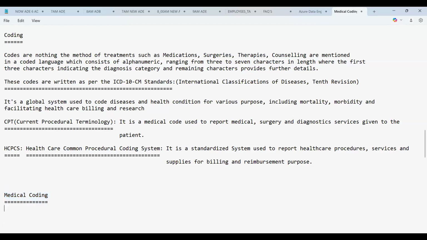So mostly this medical coding is used in the healthcare industry, and it is mostly required by the insurance companies.